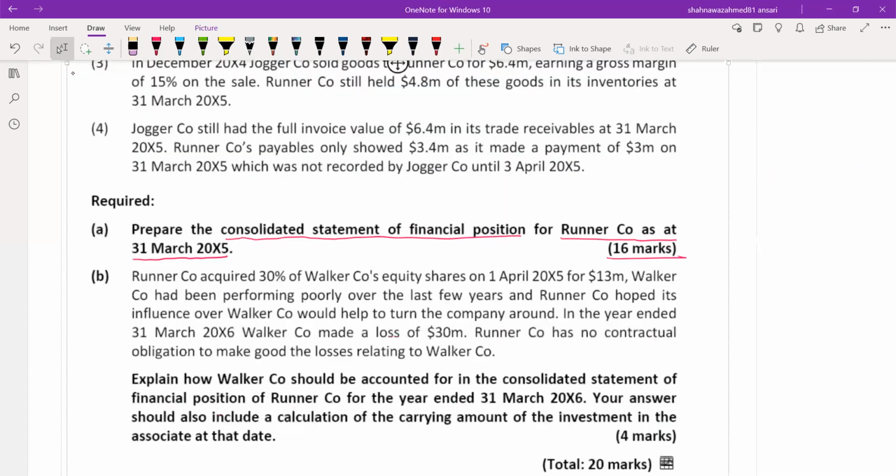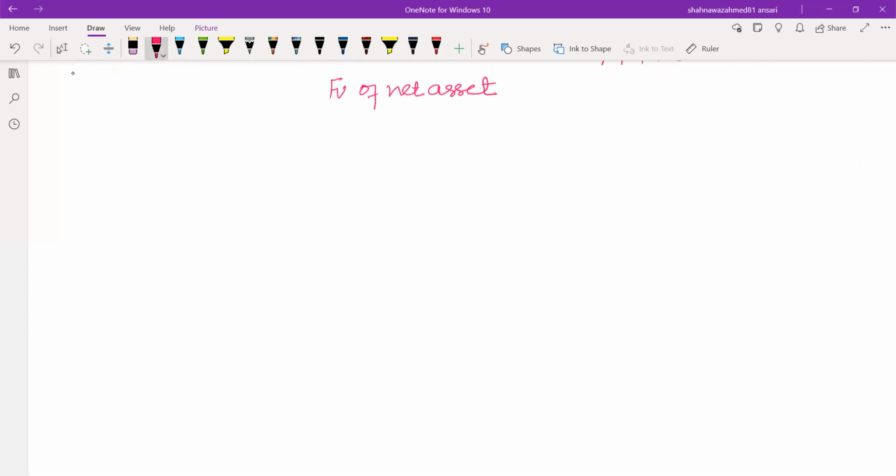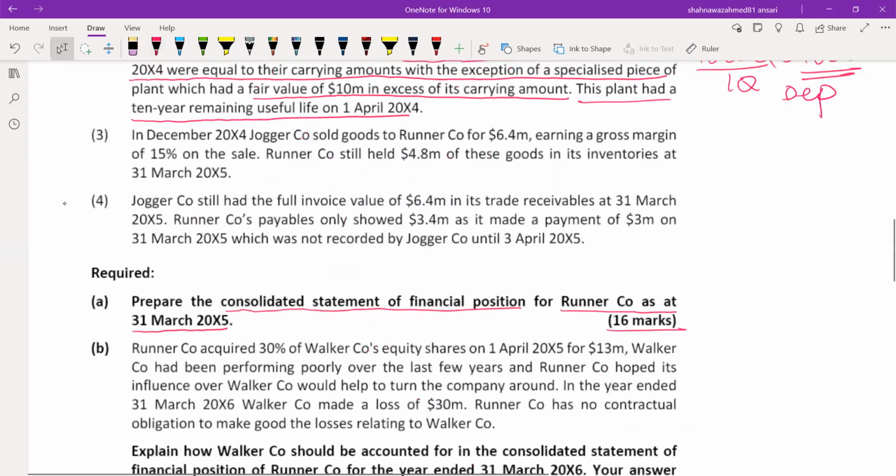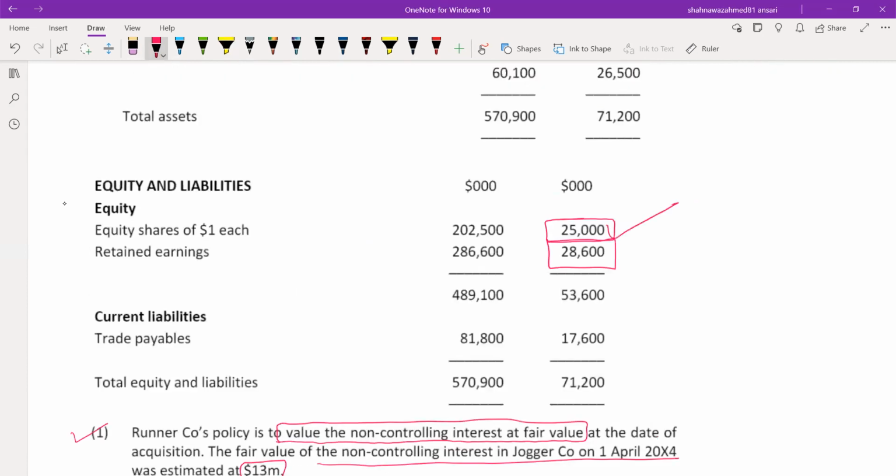Now let's calculate the fair value of net assets. We will use a 2-column approach: net assets at acquisition and at reporting date. And we need to find out the post-acquisition profit, share capital of the subsidiary company, retained earning, as well as the fair value adjustment. Share capital is 25,000.